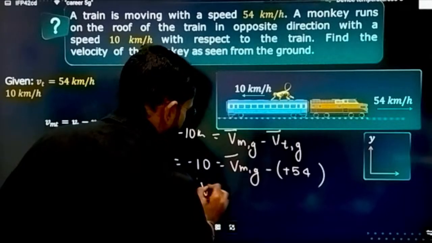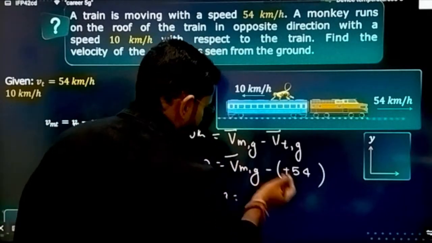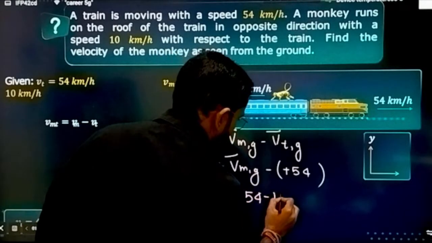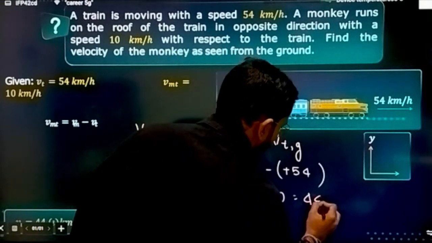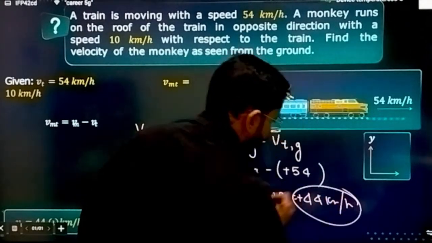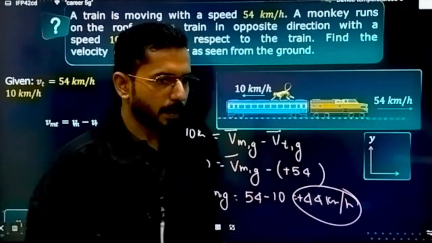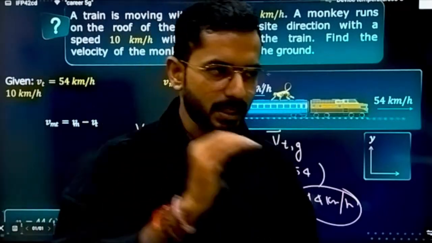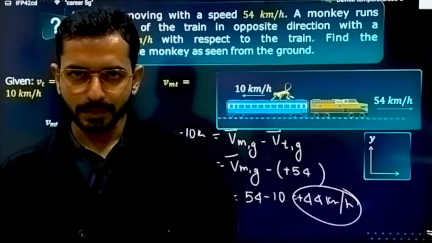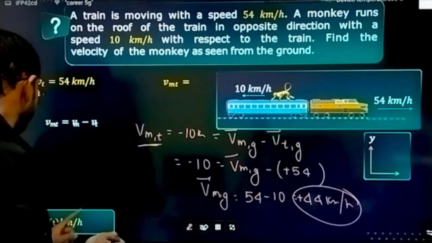Now the velocity of monkey with respect to ground will be, taking it to the other side, 54 minus 10, which equals 44 km/h in the positive direction. That means if a person is standing on the ground, he will feel that the net velocity of the monkey is moving in the positive x direction with a velocity of 44 km/h. Is it clear? Very good.